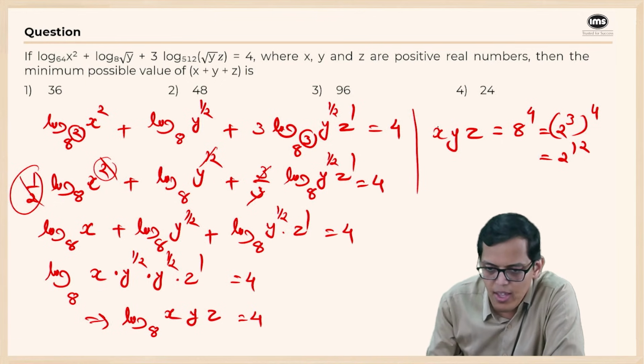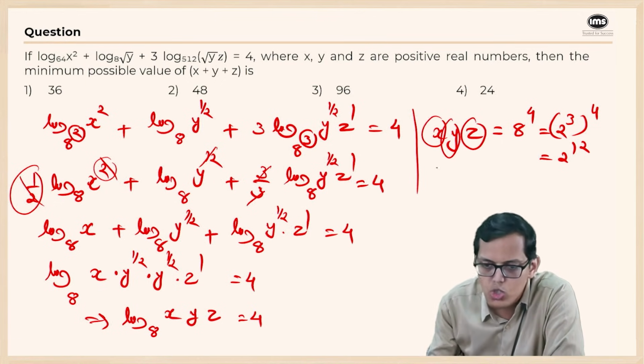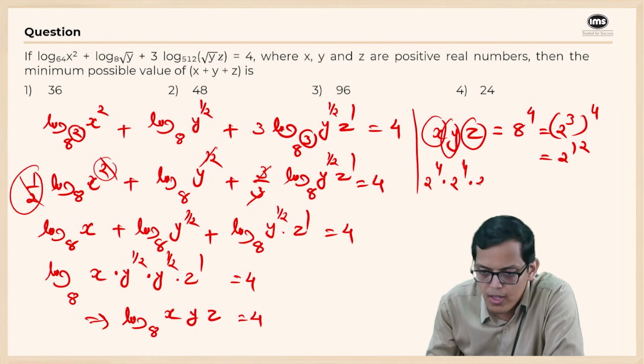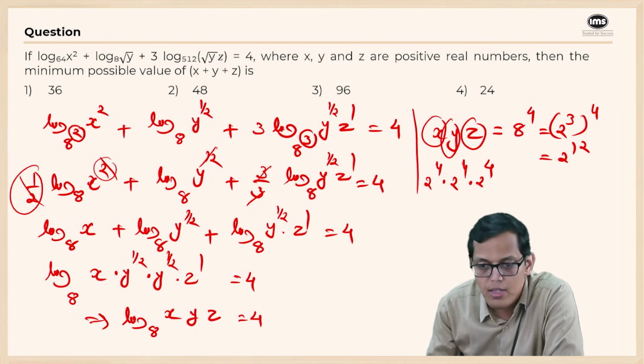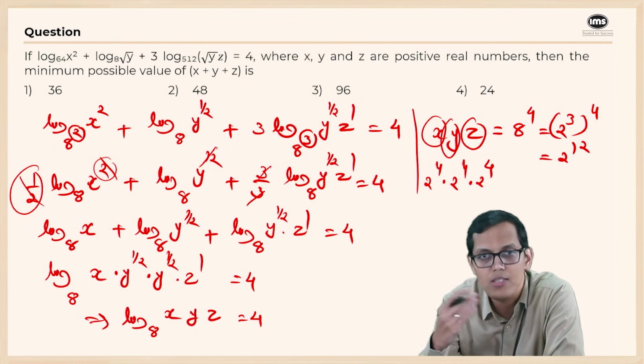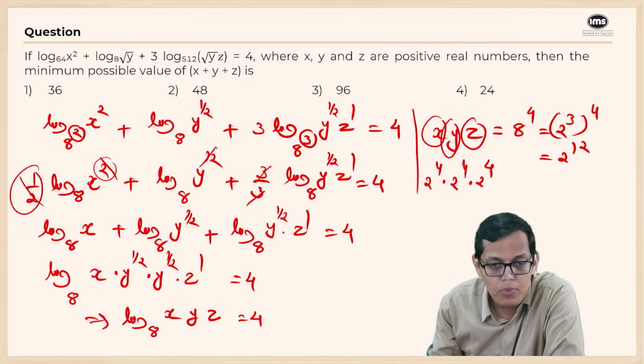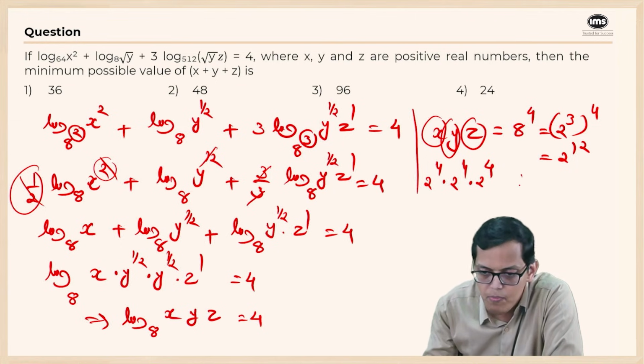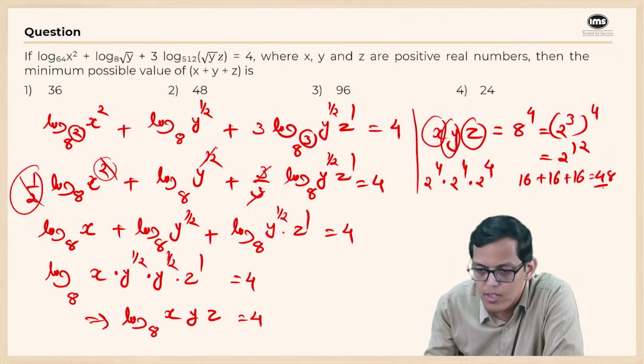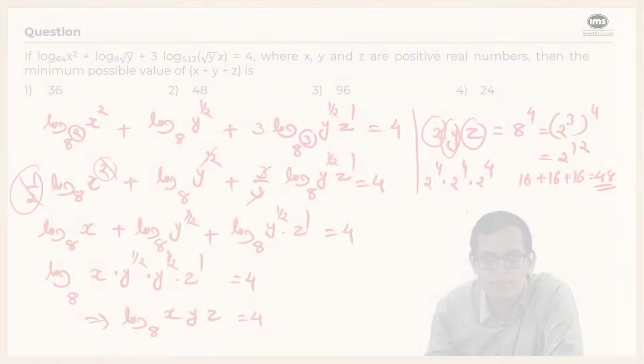So if x, y, z all are equal, then each of them is going to be 2 raised to 4 only. If each of them is 2 raised to 4, that is 16, 16 and 16 only, the minimum summation is going to be 16 plus 16 plus 16, which is 48. So 48 is the final answer to our question.